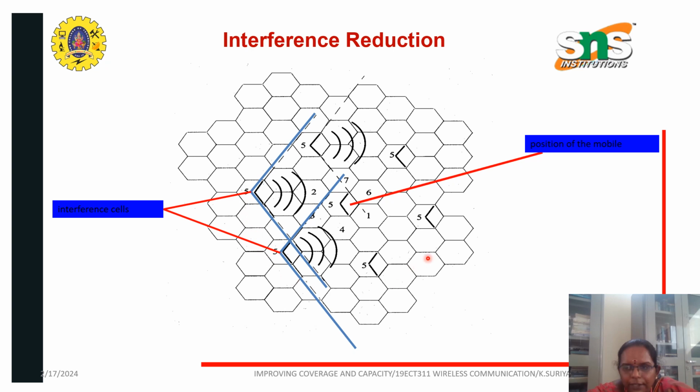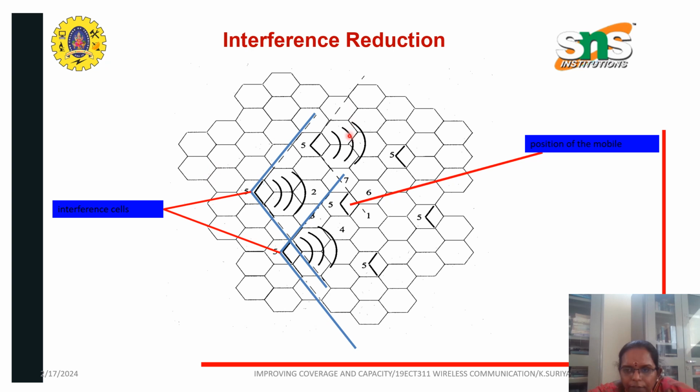So all these cells will provide interference to the center cell. Instead, if you are using a directional antenna, as shown in the figure, your radiation will only be in this direction as shown here. Now if you consider this cell, here you will be getting interference.